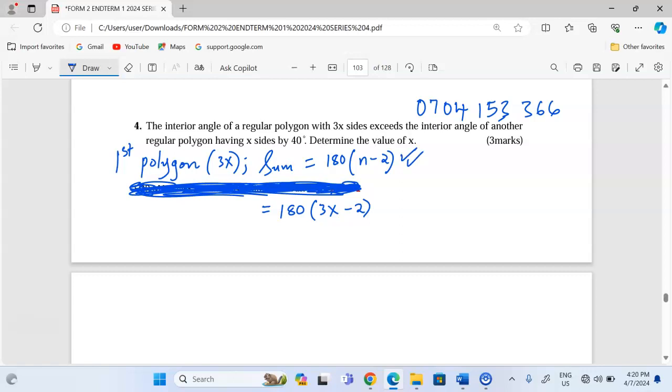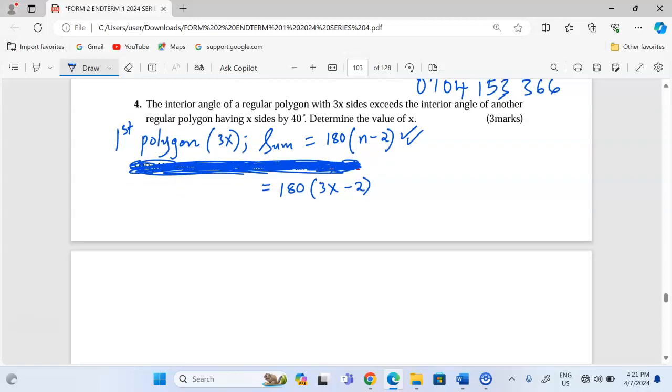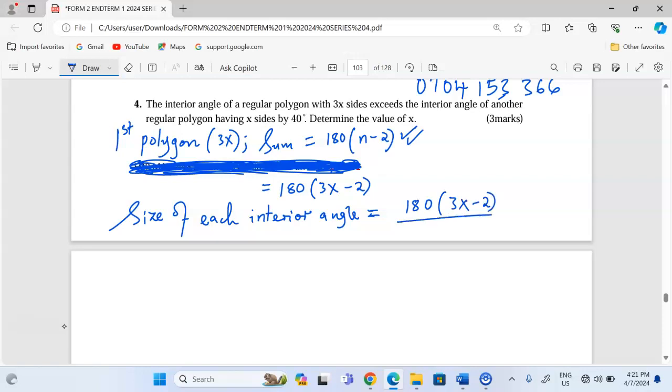Now, after getting the sum of interior angles, we should know the size of each interior angle. The size of each interior angle is going to be the sum divided by the number.